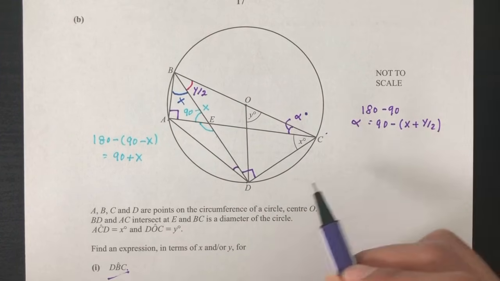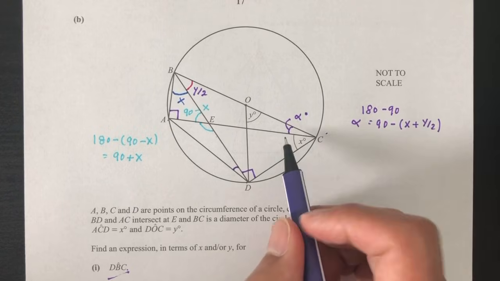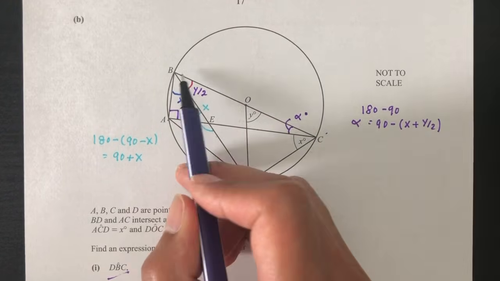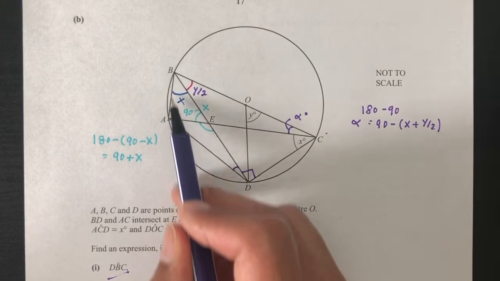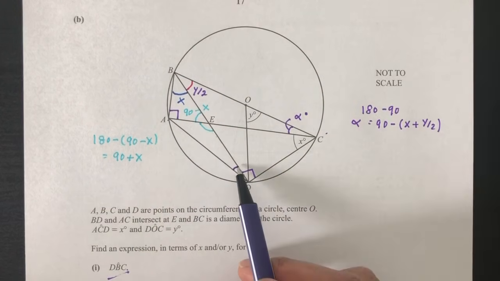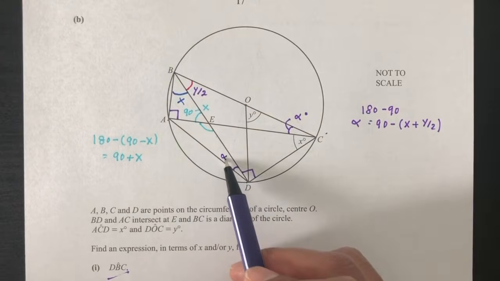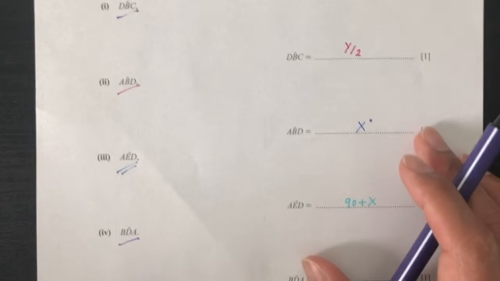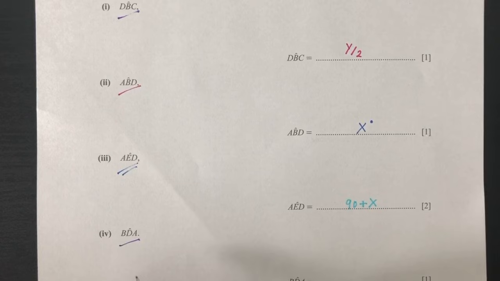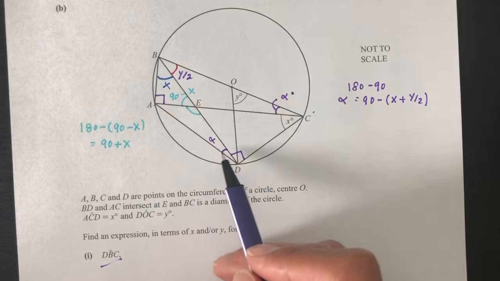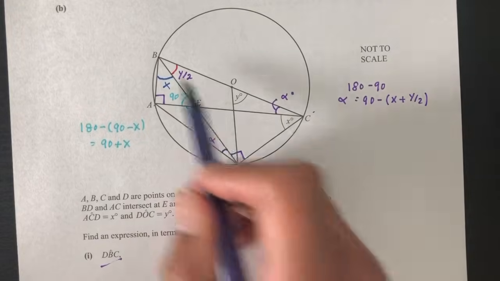Alpha is equal to this. Now, this angle is on the arc or segment AB, or BA, and this other angle is on the same segment. It means that this is also equal to alpha. So BDA is the same as ACB.